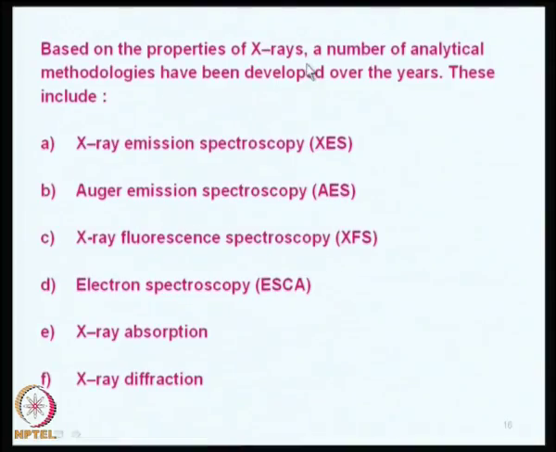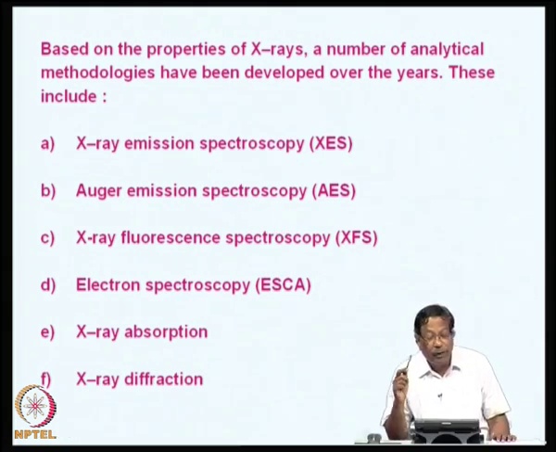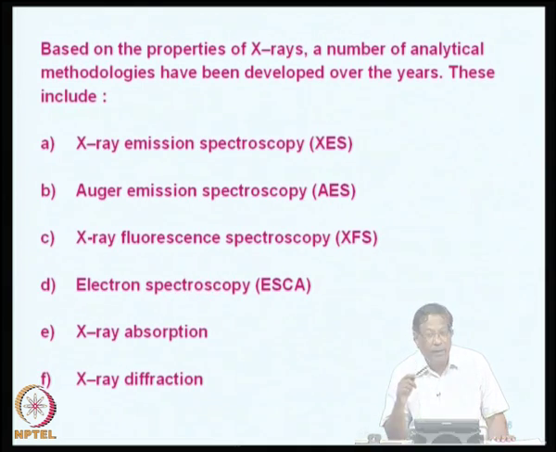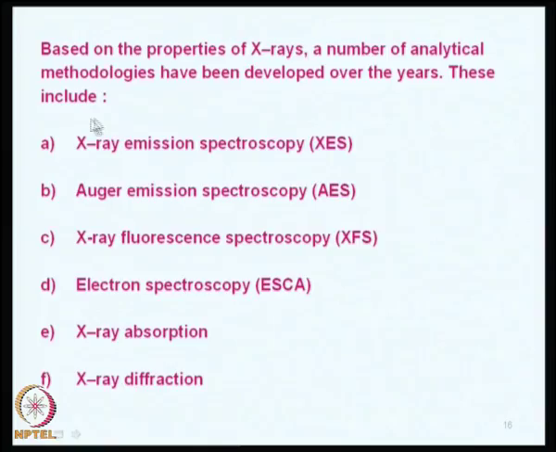Now, based on the properties of X-rays, a number of analytical methodologies have been developed, and these are based on the atomic emission, for example, X-ray emission spectroscopy, XES. Then you can study the X-ray fluorescence spectroscopy, where the emitted X-rays have a wavelength longer than the excitation wavelength.